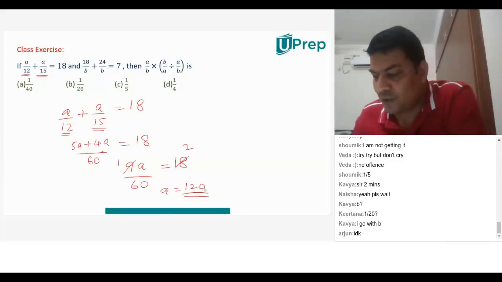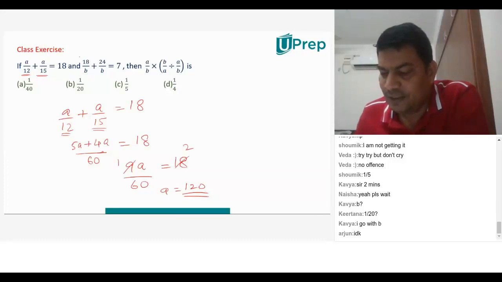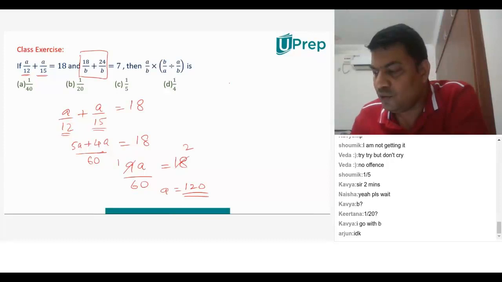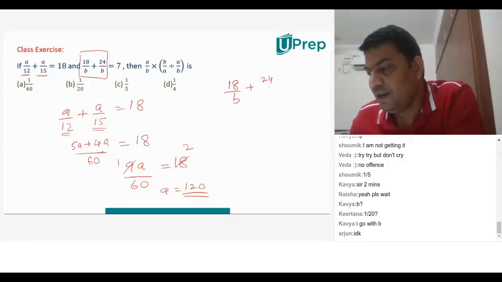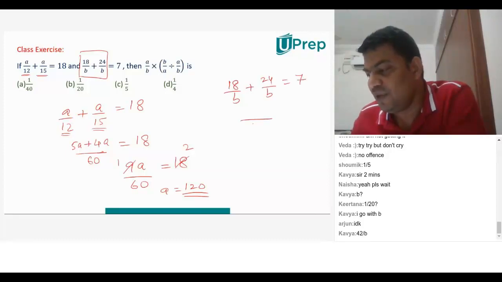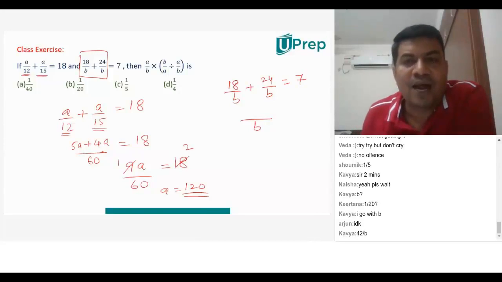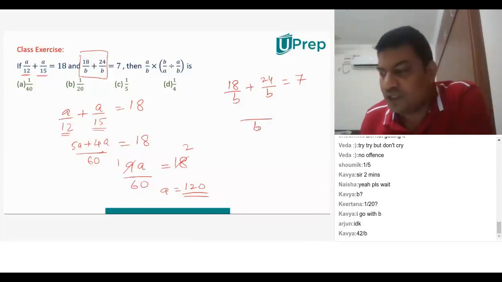And what is the next part? You have 18 by B plus 24 by B, which is given as 7. This is the easy part. Your denominator is the same, so you simply take B in the denominator and add the numerators. 18 plus 24 is 42.